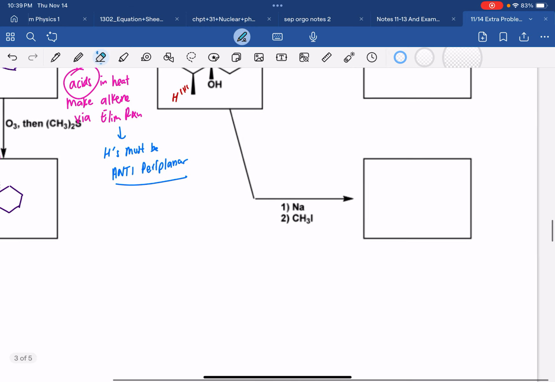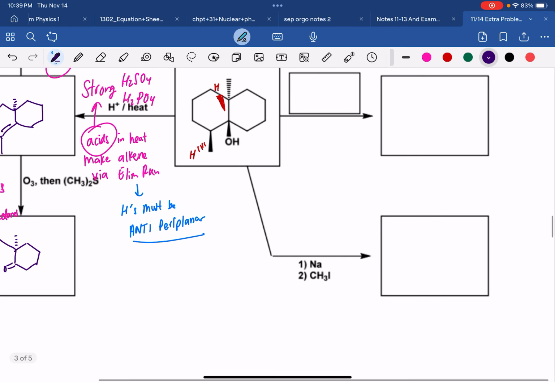Now onto the right side. We'll do this bottom one first real quick. So this is an interesting reagent. I don't know if you know the mechanism for this, but basically this Na acts as Na minus. Don't treat it like that, but this is just for your understanding.